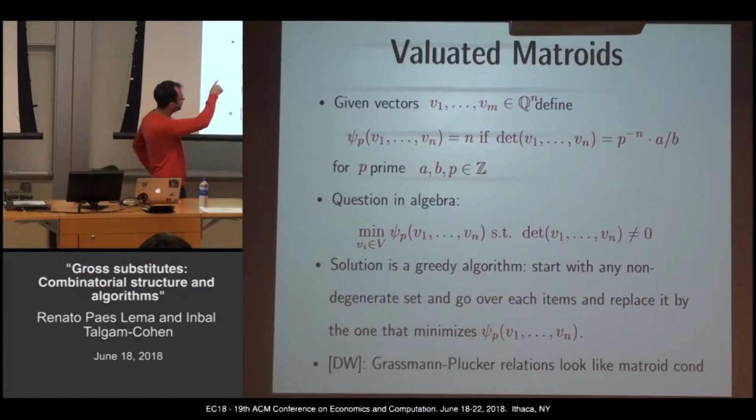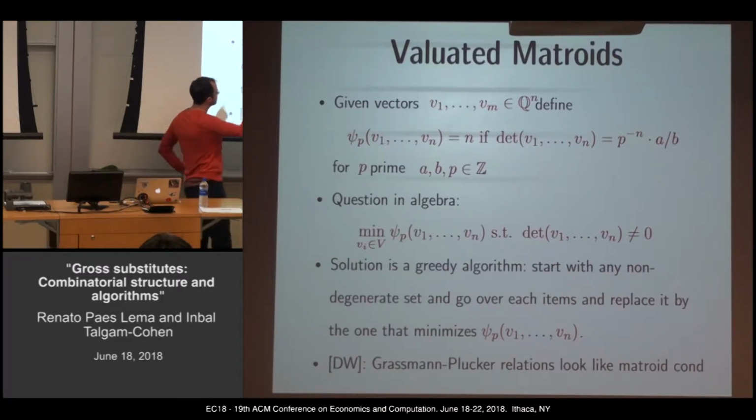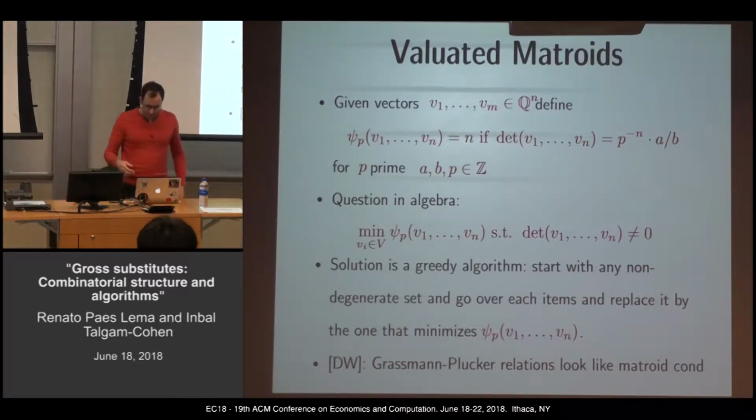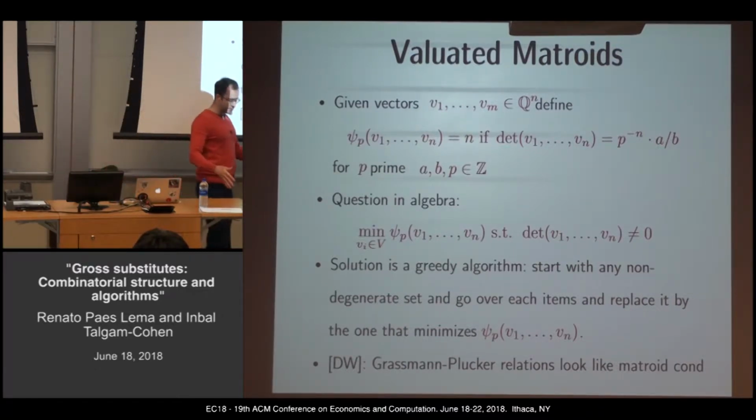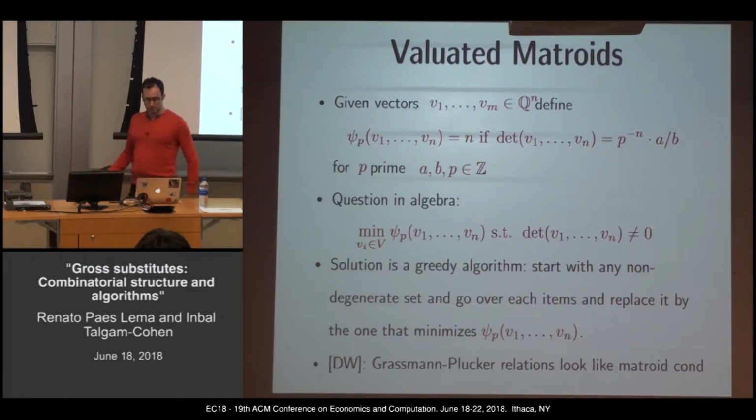Here p is a prime, and a over b are two numbers that are not divisible by p. So it asks what is the highest exponent of p you can get by arranging those vectors in a matrix. So the question is, I give you a set of vectors, find n vectors that, if I arrange them in a matrix, make the determinant have the highest possible p coefficient.